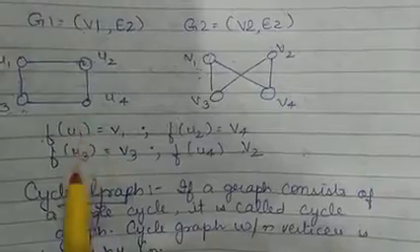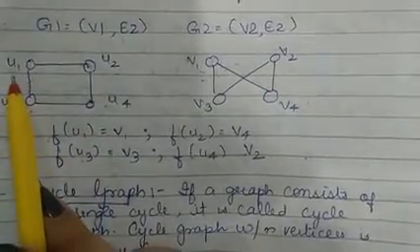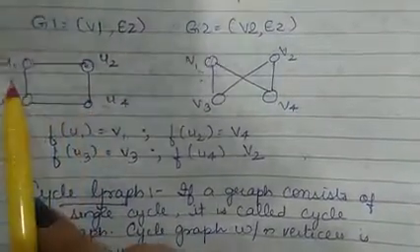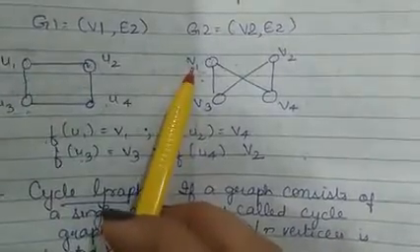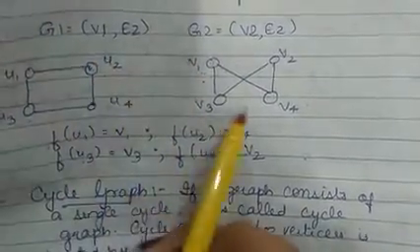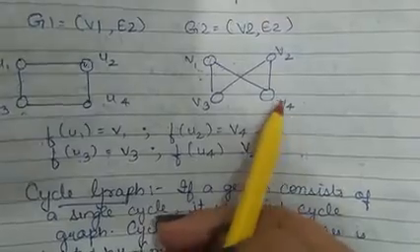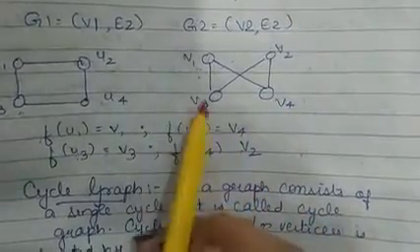Then f(u3), the other edge connected to u1. This is connected to a positive edge there, and so that's why we have taken v4 instead of v3.